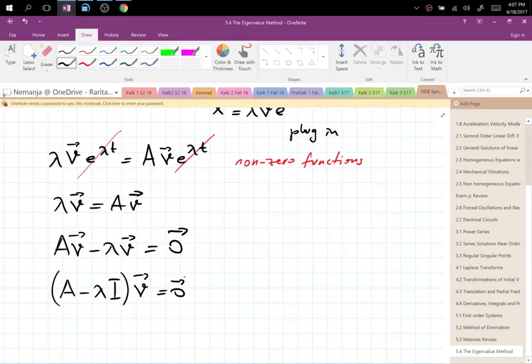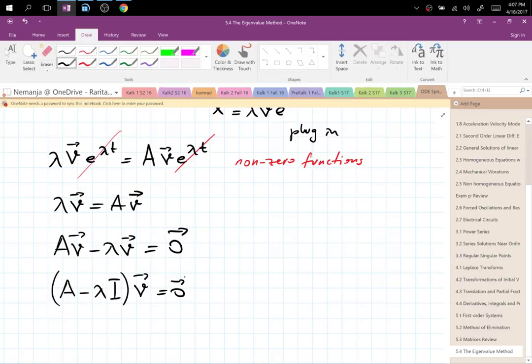Technically, you can think of any number you know so far as a 1 by 1 matrix. So if you have a 2 by 2 A, like we had earlier, and you want to subtract lambda from it, you have to multiply lambda by the identity matrix, and the identity matrix takes on the size of whatever matrix A is. So if you did this with a 3 by 3 system, then matrix A would be 3 by 3, and then you would have to use the 3 by 3 identity matrix, which has all ones on the diagonal, everything else zeros.